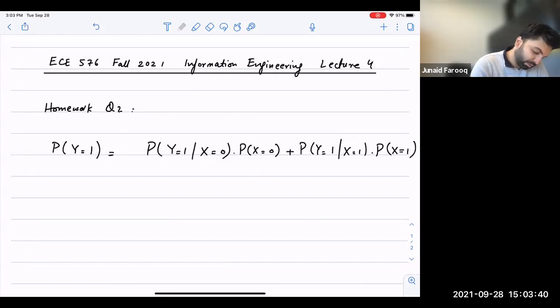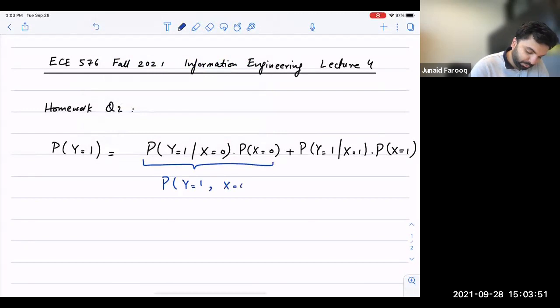In other words, this thing here is the probability of y equals 1 comma x equals 0, and this thing here is the probability of y equals 1 and x equals 1.